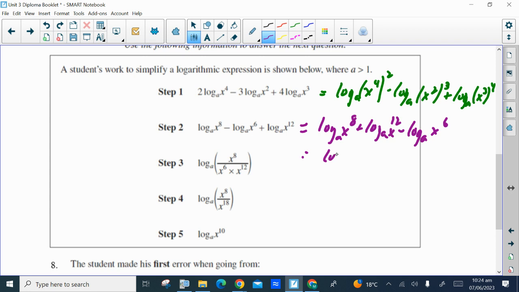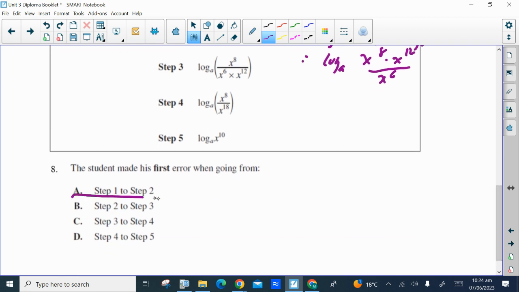And then this will be log base A of x to the 8th times x to the 12th over x to the 6th, which is not what they have in step 3. They didn't put the positive ones together. And so the mistake is going from step 2 to step 3. So B is the correct answer there.